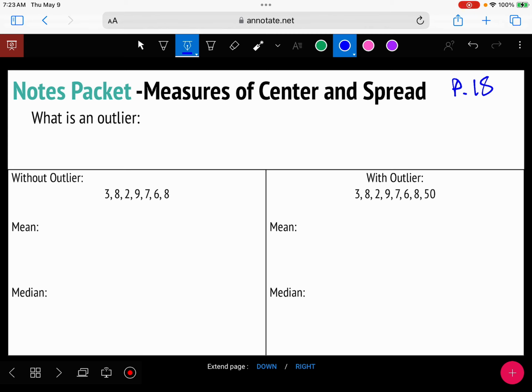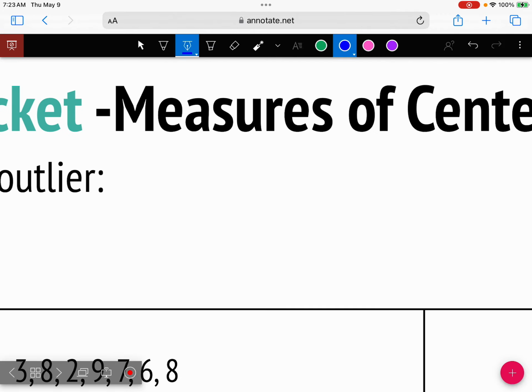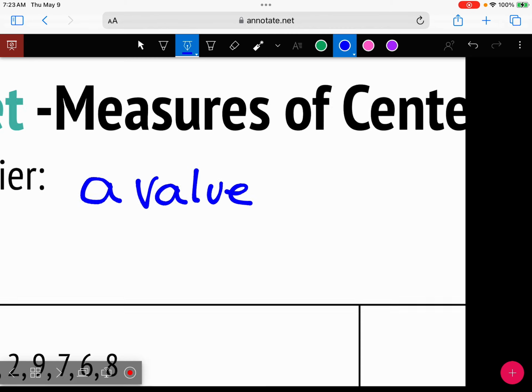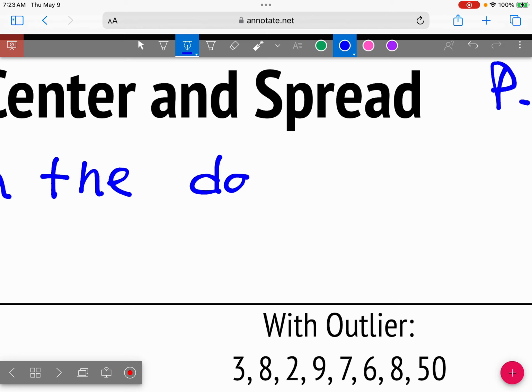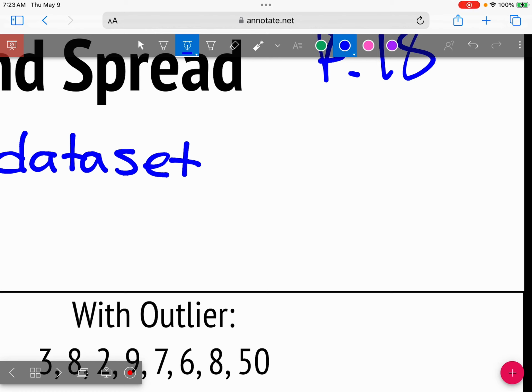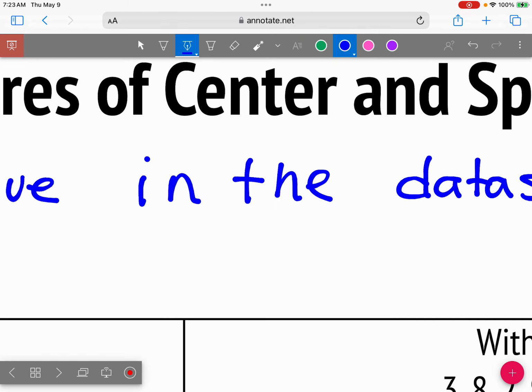So what we're going to say for an outlier is a value in the data set uncommonly or rarely or really far from all of the others.